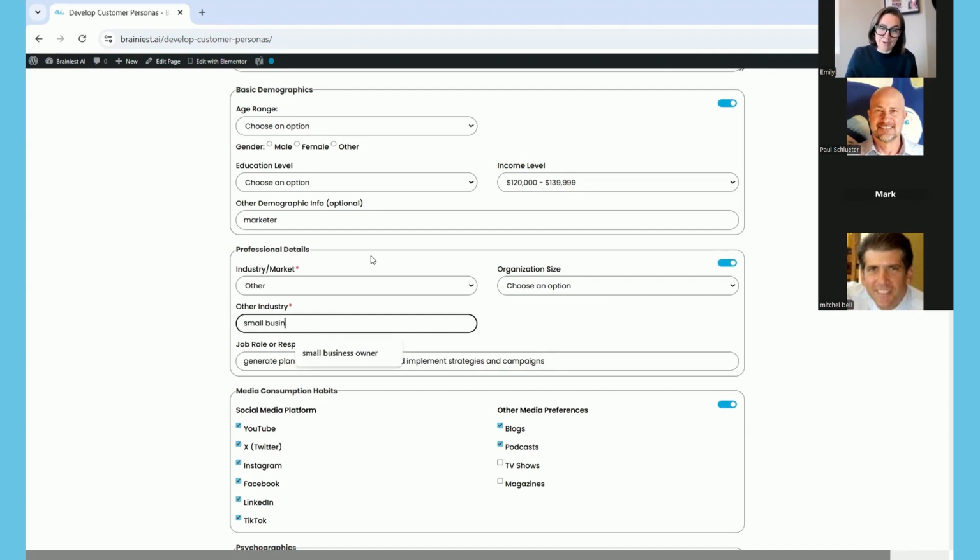You can see it's already showing up because I've done this before. And then I can describe different types of things. So there are potentially multiple jobs that one of my target audiences could take.